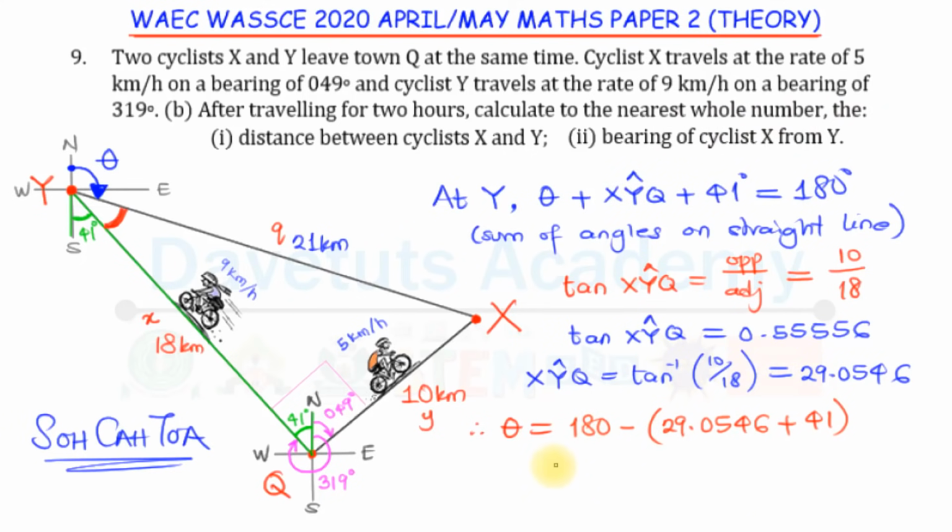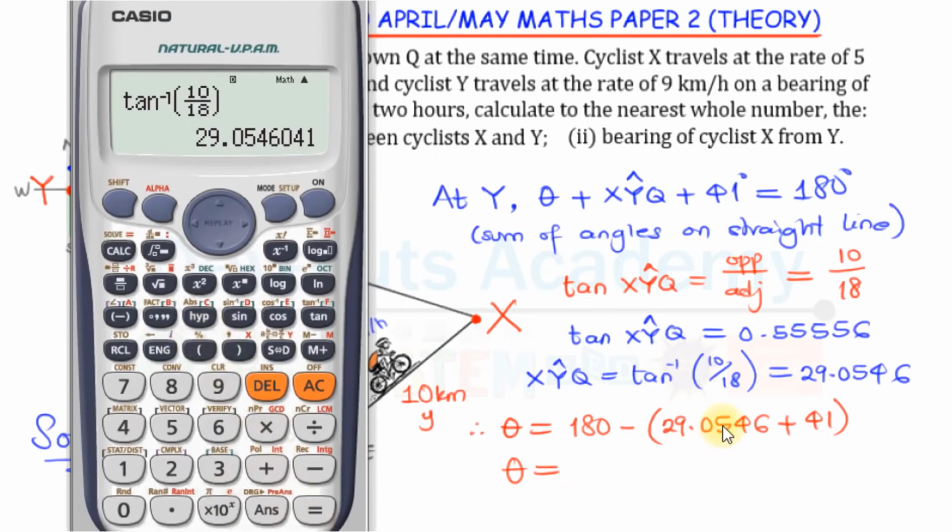So we can subtract them from 180 to find the value of theta, which is the bearing of cyclist X from Y. Alright, so if we bring in our calculator, this is 29.0546 plus 41, that is equal to what? So now I can say 180 minus the answer I just got. So this is 109.9454.